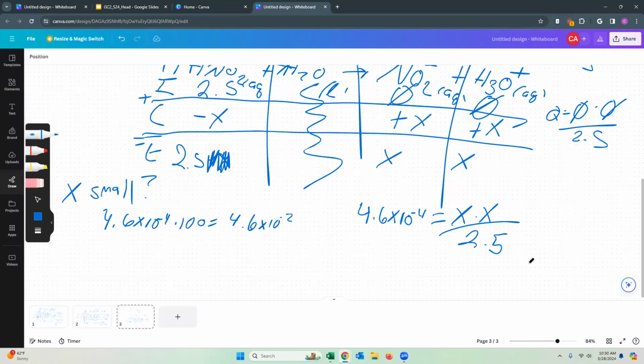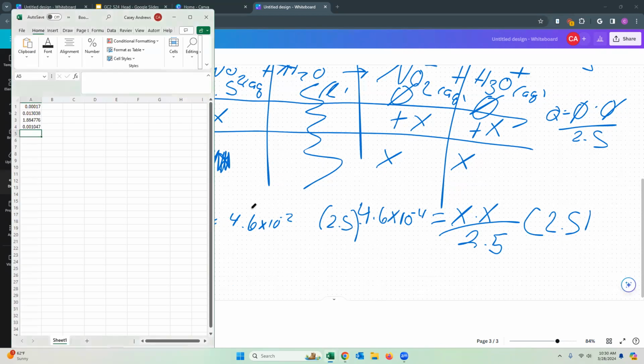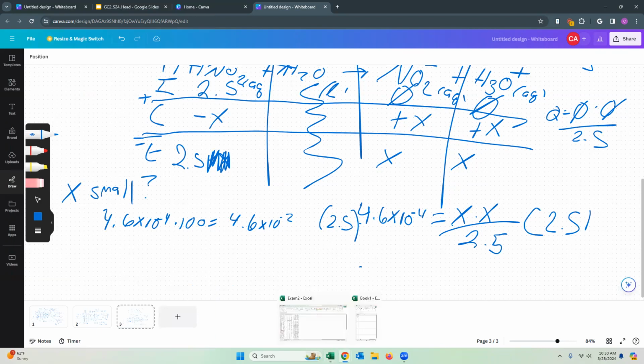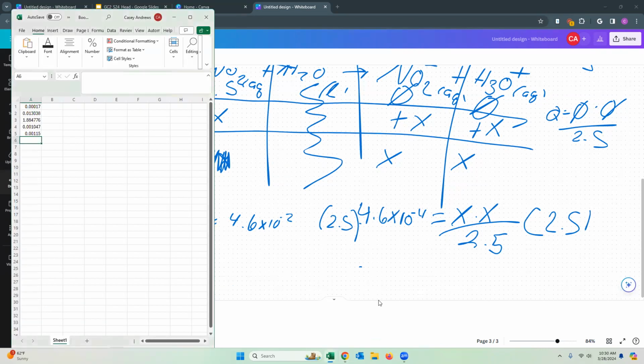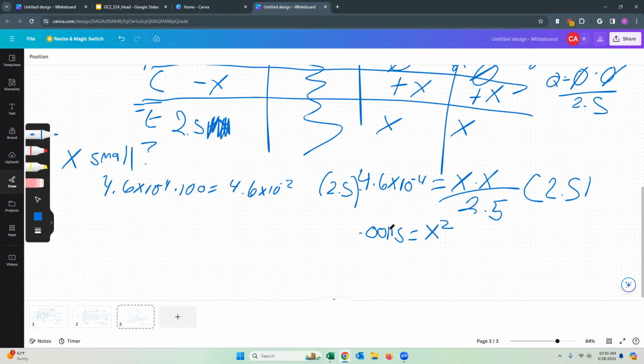I'm going to multiply each side by 2.5. So I get 4.6 times 10 to the minus 4 times 2.5, which is 0.00115 equals x squared. I'm going to square root everything.